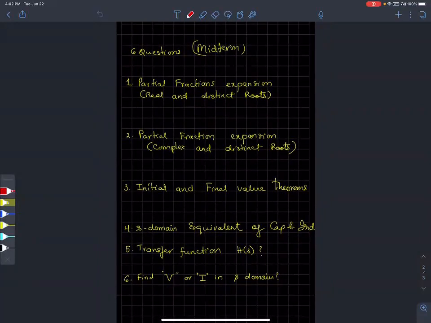Now, the first question and the second question as well are about partial fraction expansion.